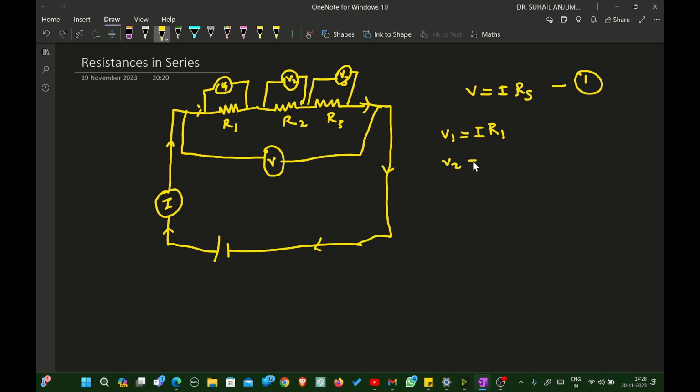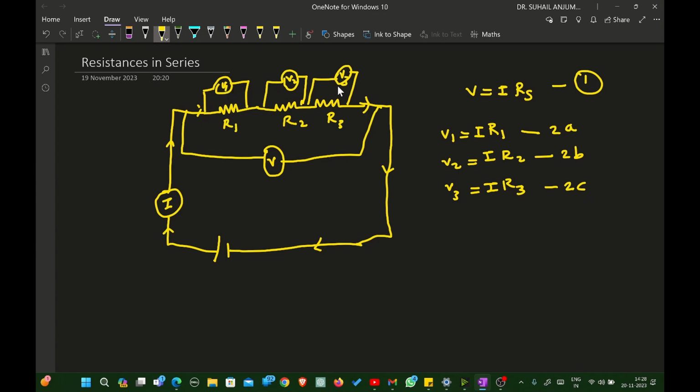Then we have V2 is equal to I into R2. Then V3 is equal to I into R3. I will call these equations 2A, 2B and 2C.